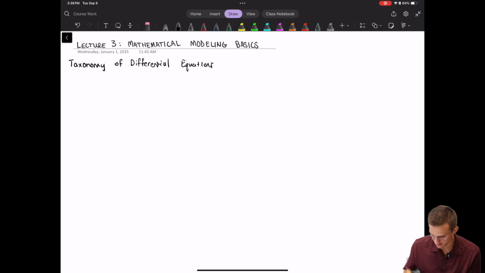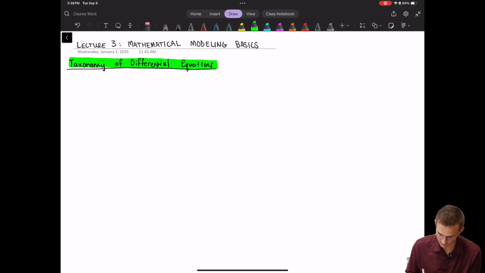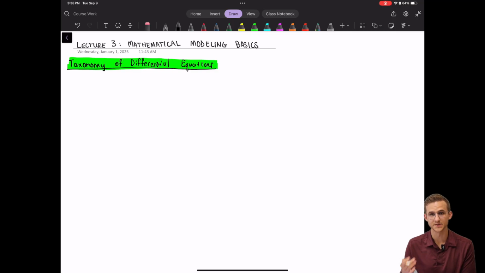So, these terms that I was using in the last lecture that, to be frank, you should be familiar with at this point, but you've likely forgotten what some of them mean, like linearity, homogeneous, non-homogeneous, those types of categorization methods. Let's go ahead and write down what each of those are.